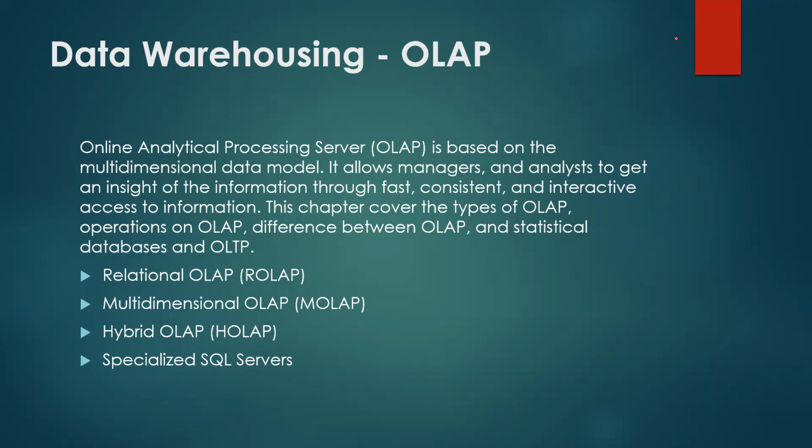If you look at the different types of OLAP servers, we have four main types. Those are your relational OLAP, multidimensional OLAP, also called MOLAP, and hybrid OLAP, which is HOLAP. And then you have specialized SQL servers, which are designed to handle this kind of data warehousing work.